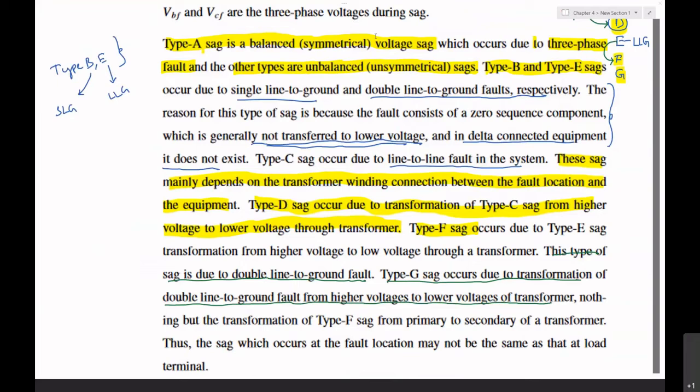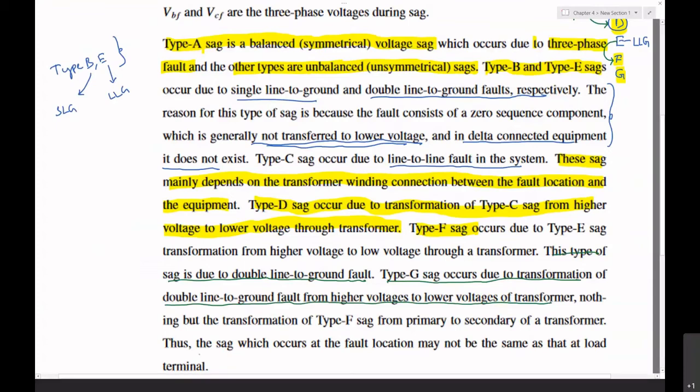There is a possibility of F fault also. Apart from that, double line to ground fault, I mean G fault, is going to occur due to the transformation of the E fault also.